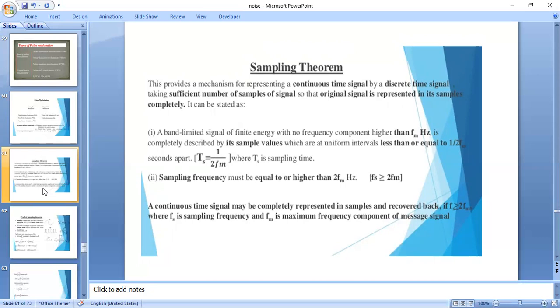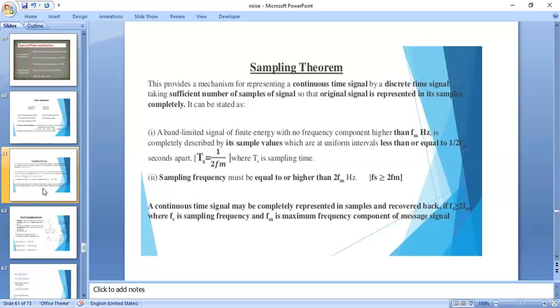That can be stated as the sampling theorem. So sampling is converting the continuous time signal into the discrete time signal by taking a sufficient number of samples to represent the original signal completely.